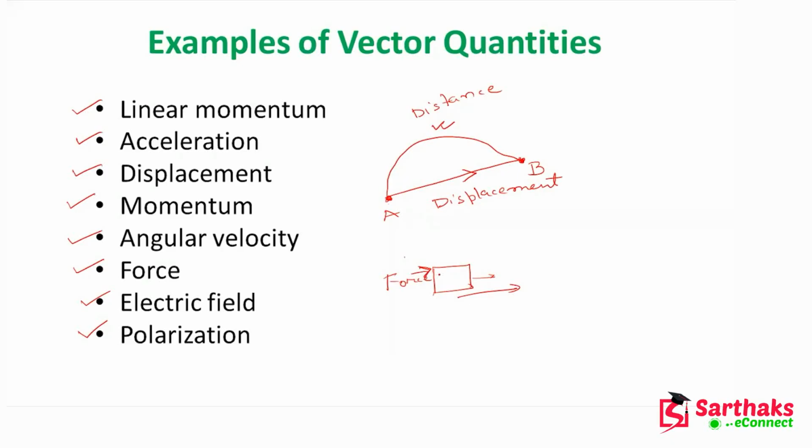That means it has some magnitude as well as some direction, right? I can give the force right downward. Okay, so it will move forward or not, I don't know. But the force, whatever you have given, you have given downward.